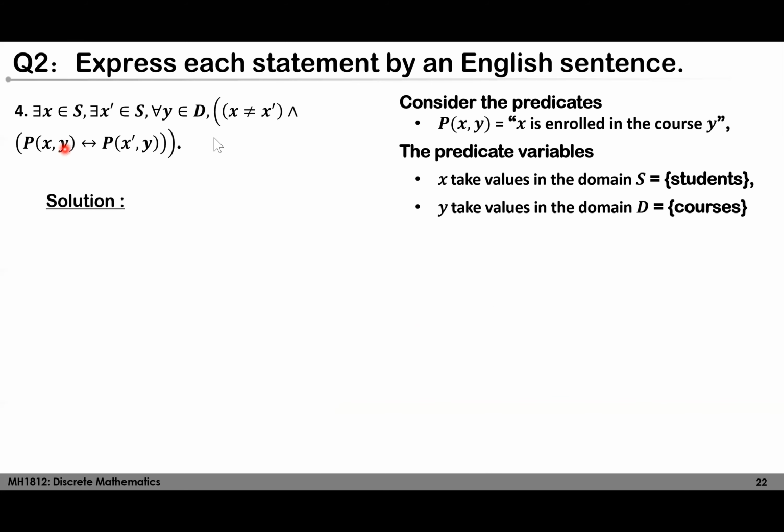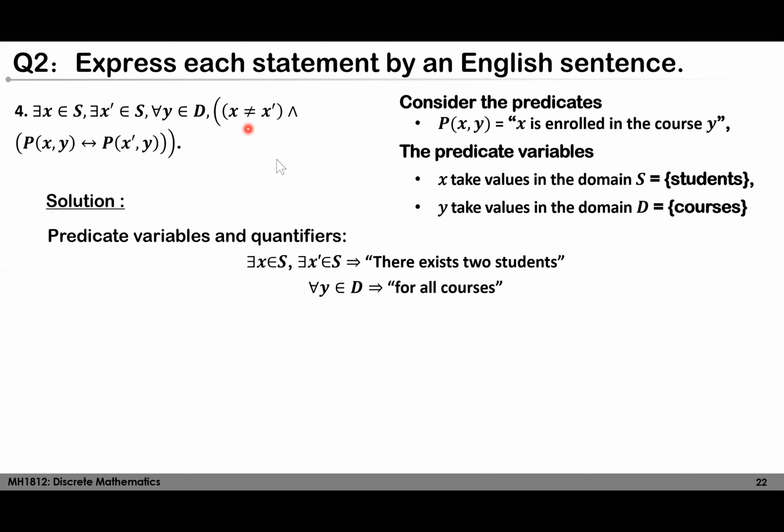So for the fourth sub-question, we have three predicate variables. And for the first two, there exists x in S, there exists x prime in S, we translate to there exist two students. And the third, for all y in D, we translate to for all courses.